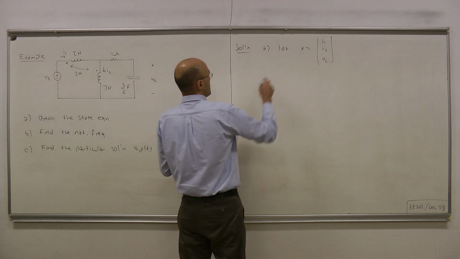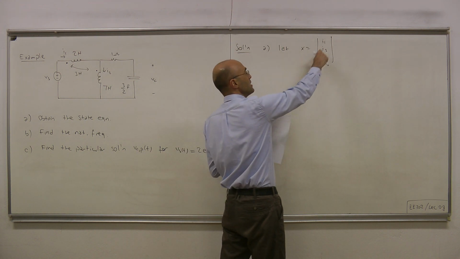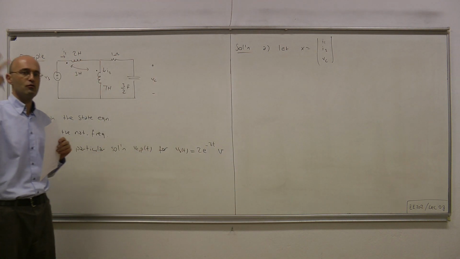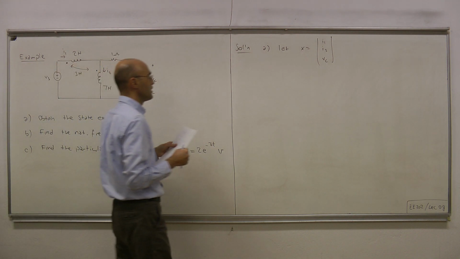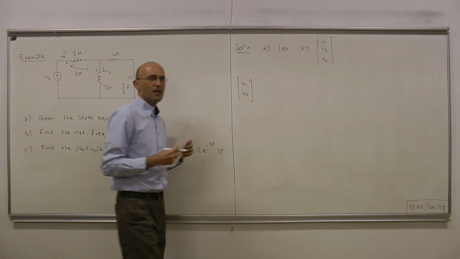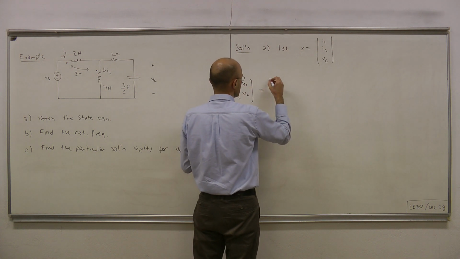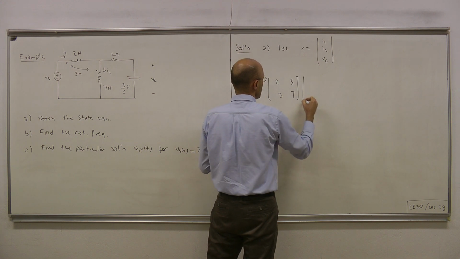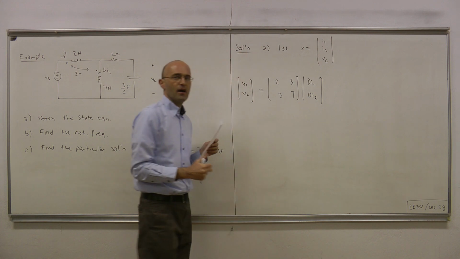So obtaining the state equation means obtaining x dot, and that means obtaining I1 dot, I2 dot, and Vc dot in terms of I1, I2, Vc, our state variables, and also input. So let's start from the terminal equation for the coupled inductor. V1, V2 equals [2, 3; 3, 7] times di1, di2. This is our inductance matrix.